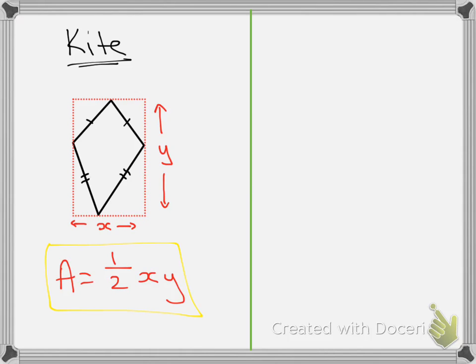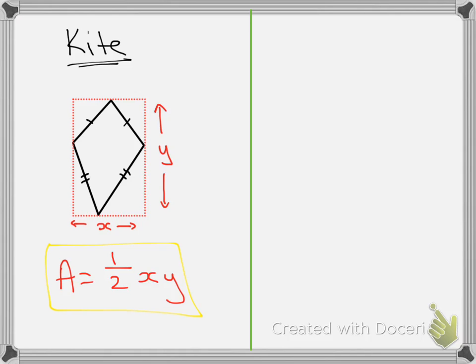A kite kind of looks like a diamond if you look at it closely. It's the shape of a diamond. The area for that is a half times x, which is the width of the base, times y, which is how tall it is. So again, these sorts of things you'll be given in the question, and you'll notice that the formula is quite similar to finding the area of a rectangle.